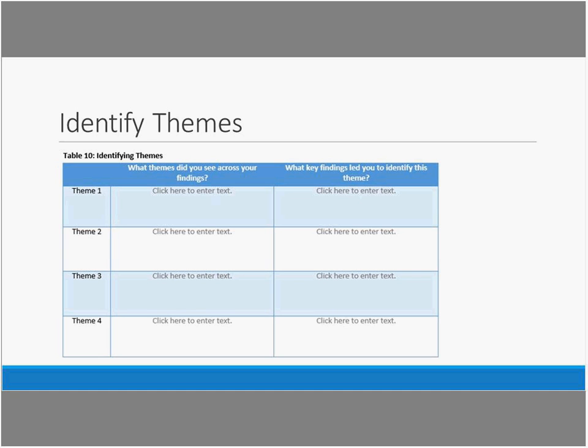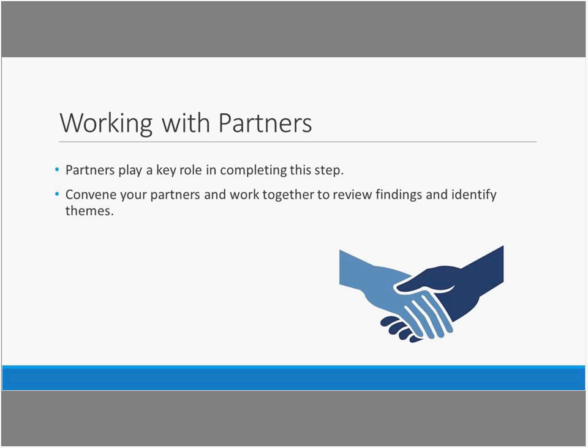And also note the finding that led you to identify that theme there in the second box. So you'll tell us your theme, and you'll tell us the data that led you to identify that theme.